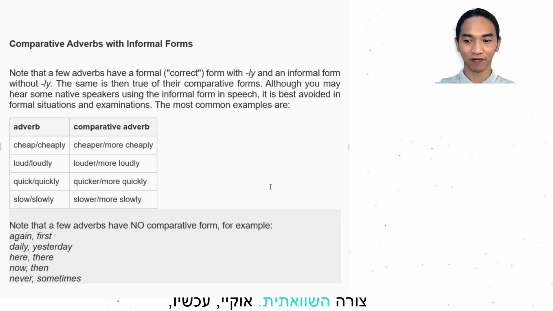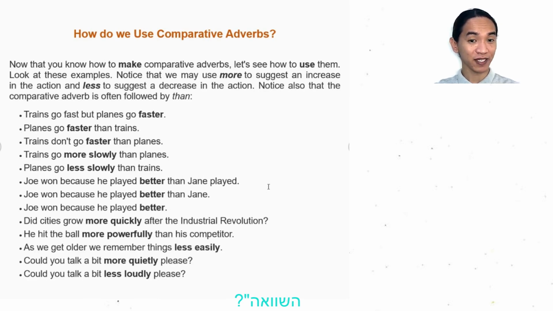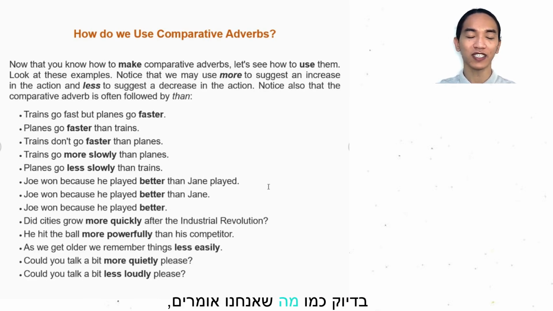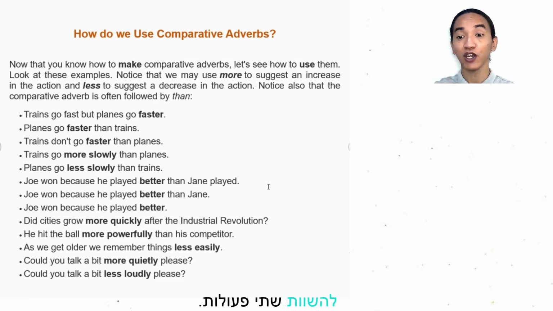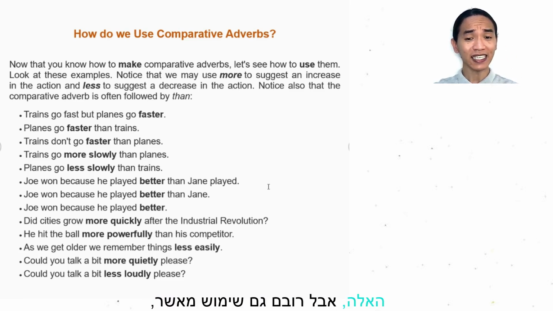Okay? Now, how do we use the comparative adverbs? So just like what we said, we use it to compare two actions. Okay, two actions. So I just want you to look at the sentences, but most of them also use than.